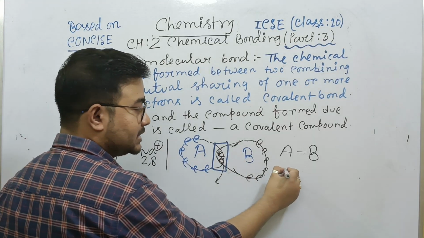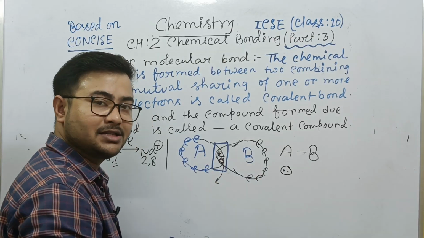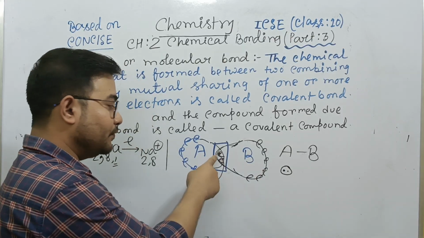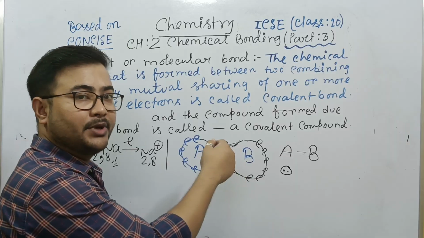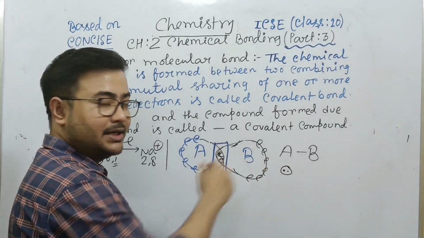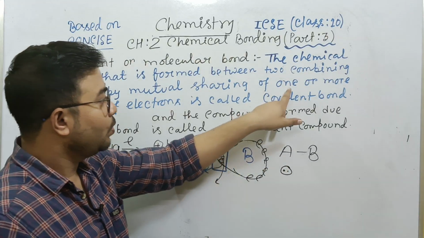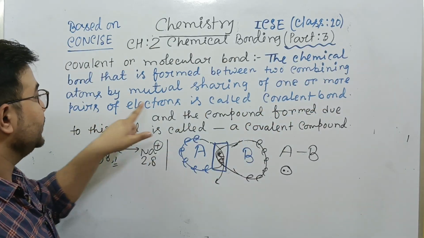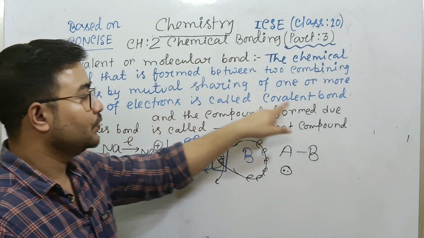All of you know a pair means 2. So here only 1 pair. Instead of 1, more than 1 pair can form, which I will give in the next slide. The sharing of 1 or more pairs of electrons is called a covalent bond.